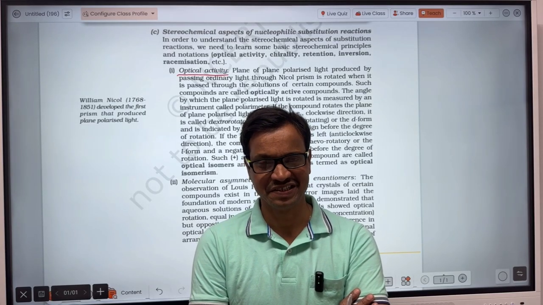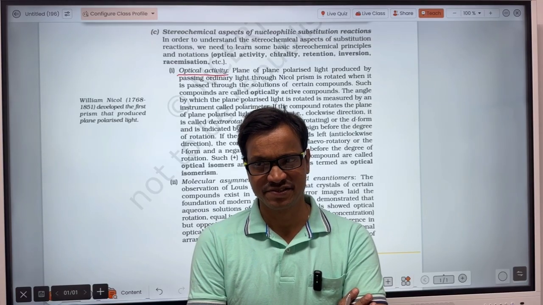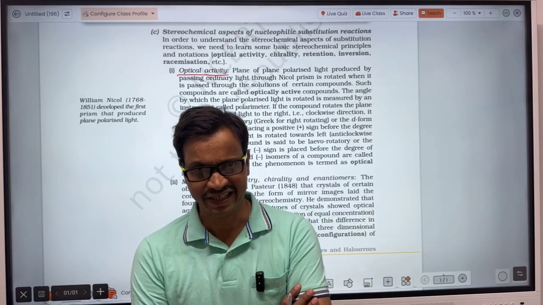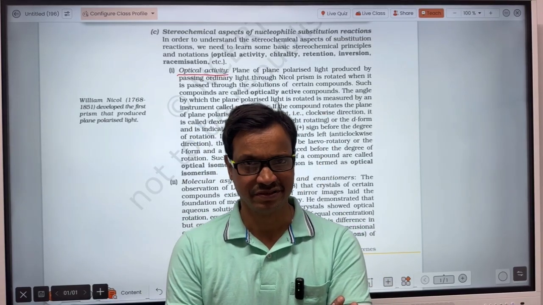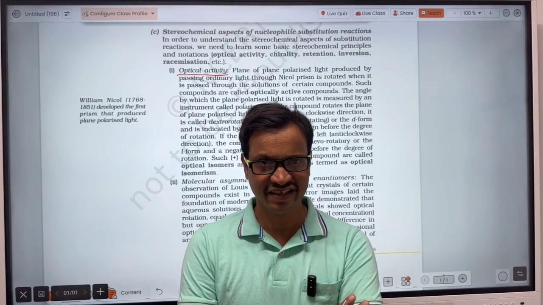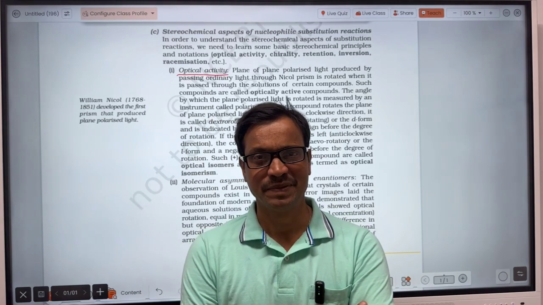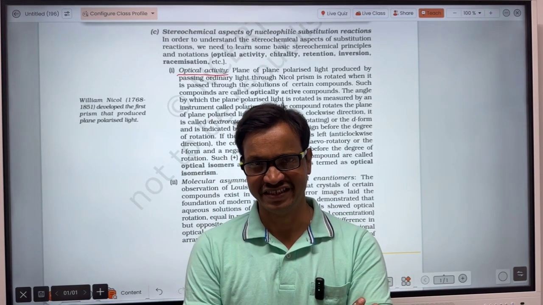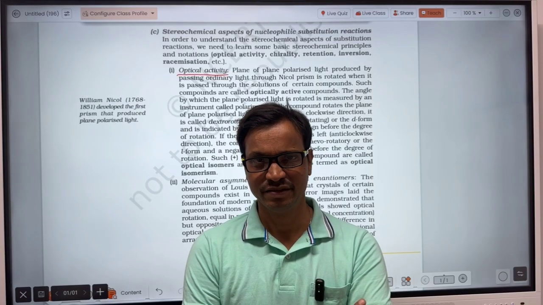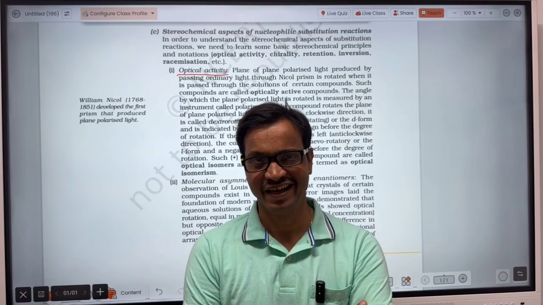The most important criterion to determine this is that you will have to watch out in the compound: is there any asymmetric carbon atom? If there is an asymmetric carbon atom in the compound, then that compound will most probably be optically active.